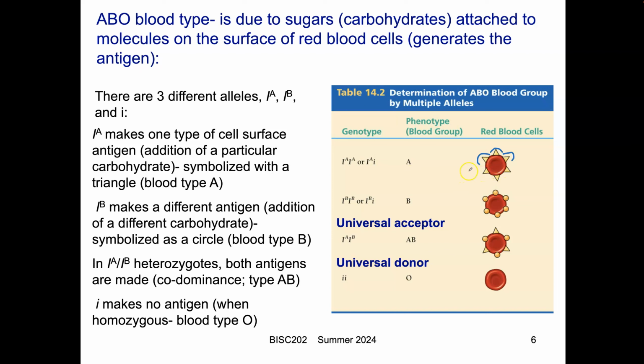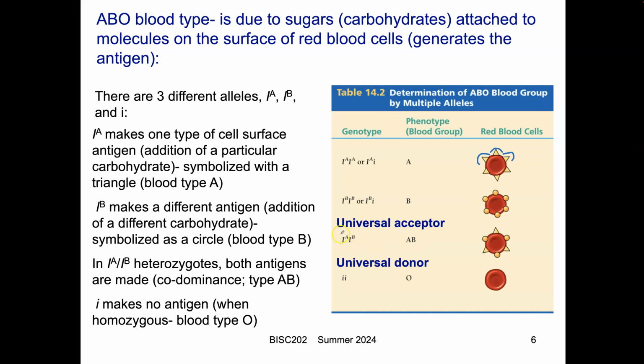And the enzyme that's encoded by the A allele puts a certain set of glycoproteins, so sugar molecules, in a certain shape on those proteins. And so the body can recognize that. If a person is type B, the sugar molecules are placed on the same protein, but they're placed in different positions. And so you've got this slightly different shape.